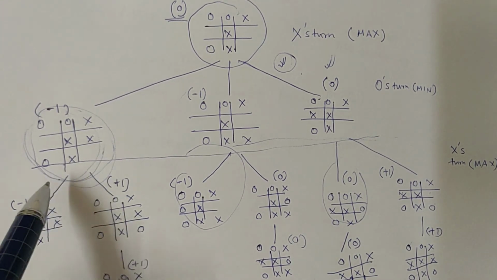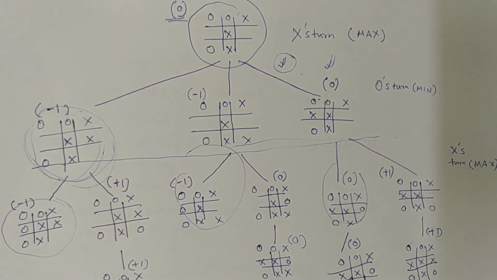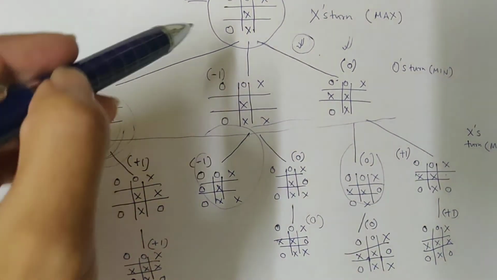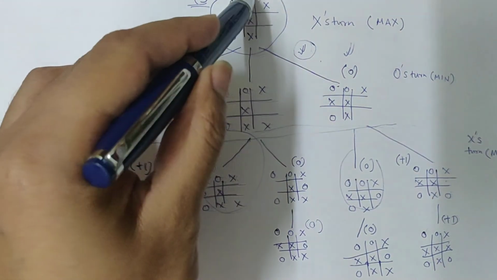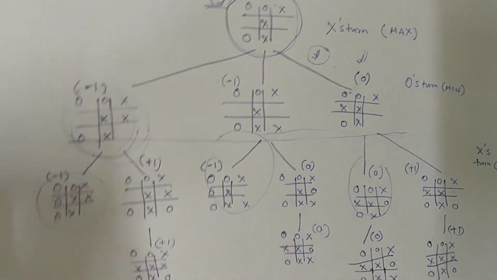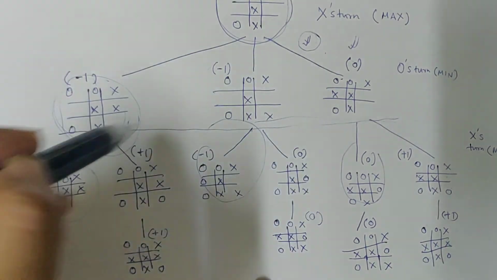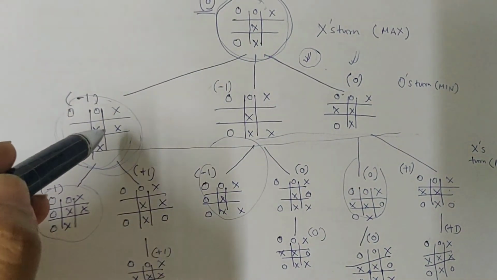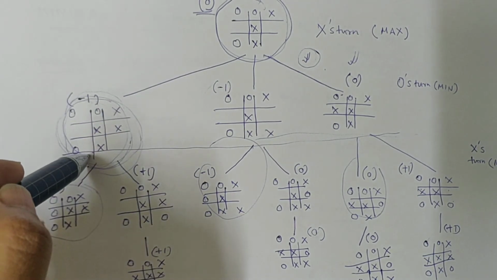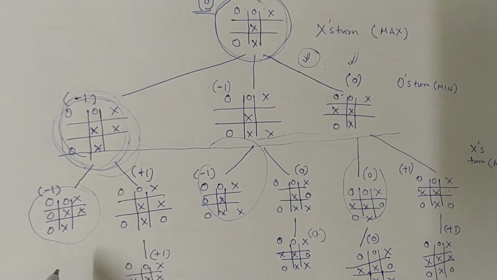In the next state, this will be passed as the board state. Just see that at first our algorithm took in this state and expanded it. Now it expanded the children, and this board position has been passed on to the minimax algorithm. Next, this board position has been passed on to the minimax algorithm.